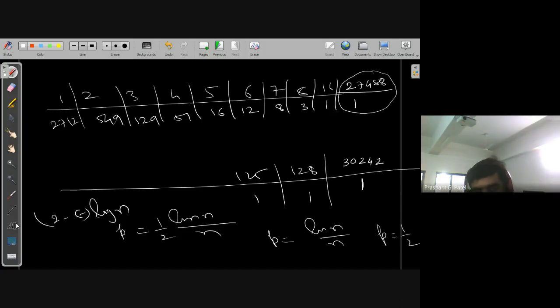How the giant component appears and all these things we did.